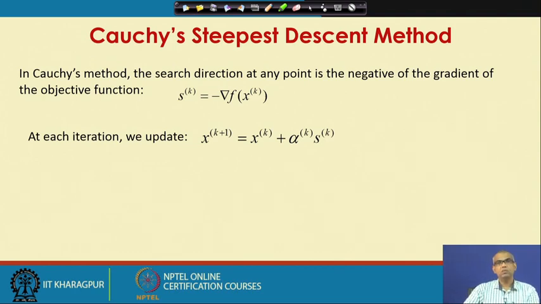Now, let us talk about Cauchy's steepest descent method. So, this is the first gradient based method that we will discuss.